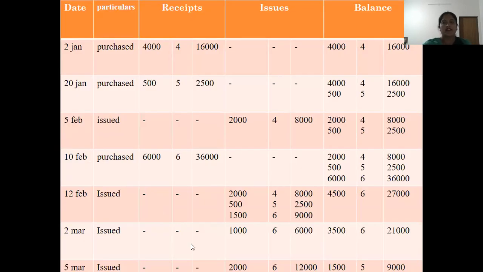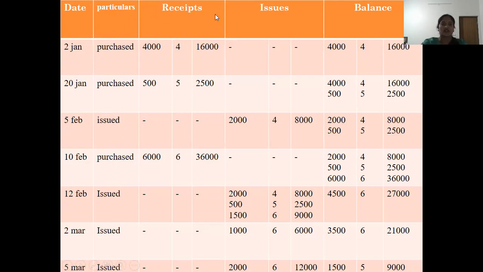When you are preparing the problem, this is how you need to take it. Before entering into the problem, let me tell you how you need to draw the lines here. First, take the date, particulars, receipts, issues, and the balance. Date: whatever the dates you have purchased and issued will be given according to the dates, and in the particulars we have to mention whatever the purchases or the issues you have made for your units.